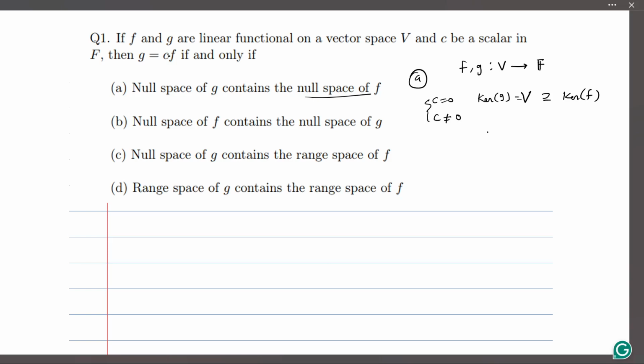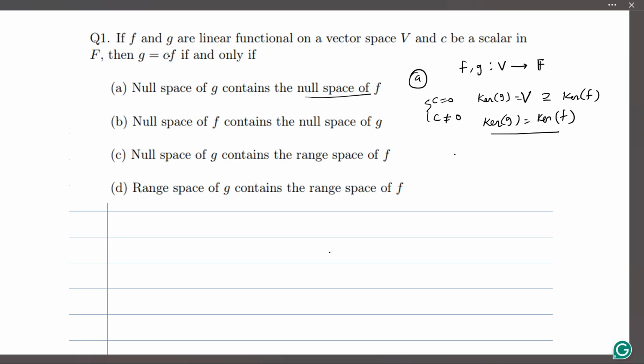If c is non-zero, I'm saying kernel g is equal to kernel f. Why? Let's say we show this inclusion.